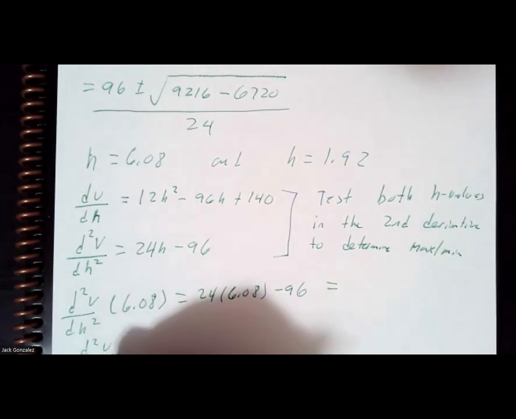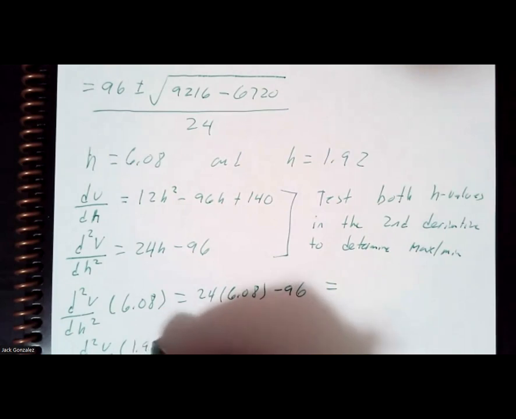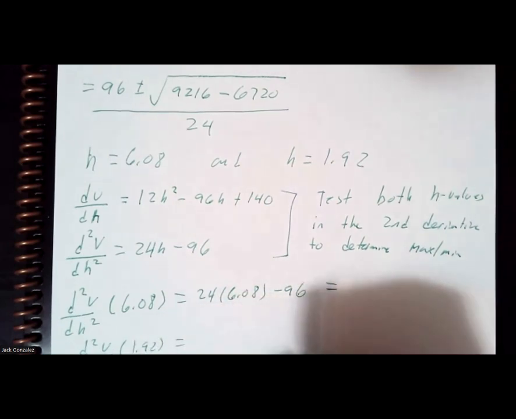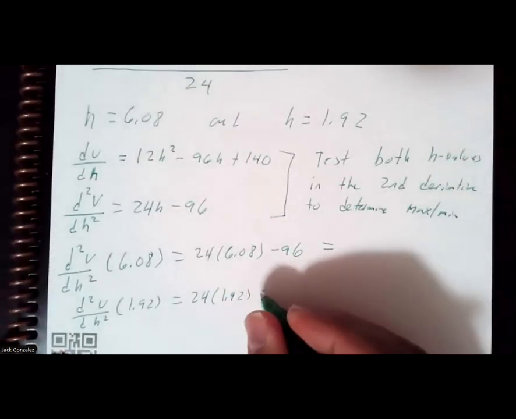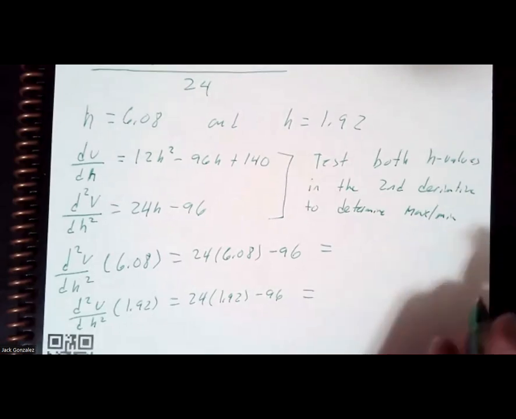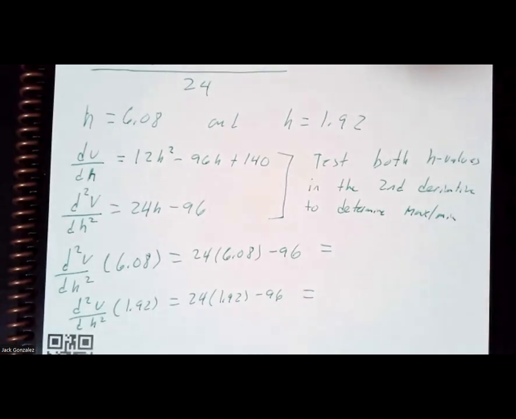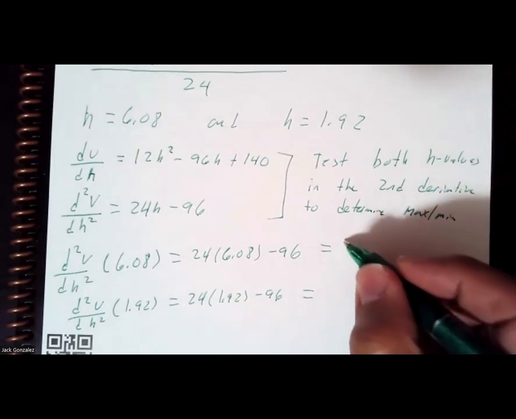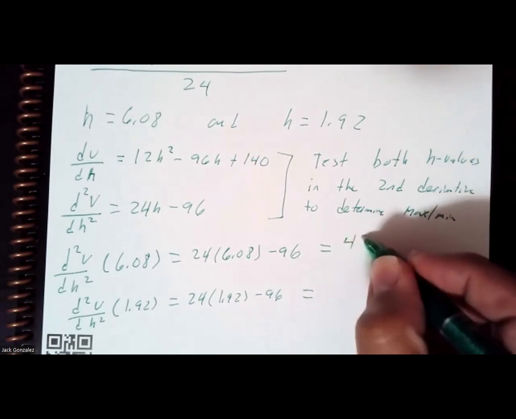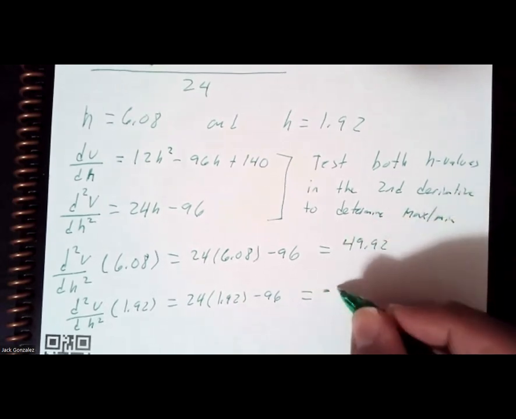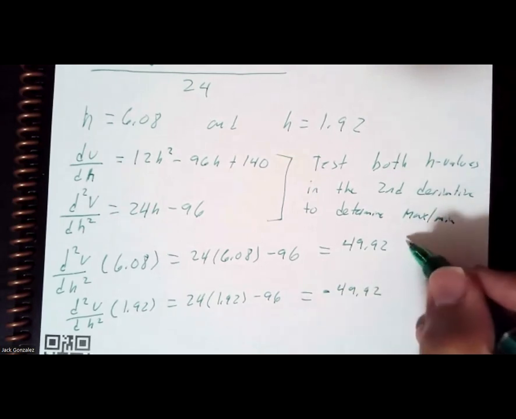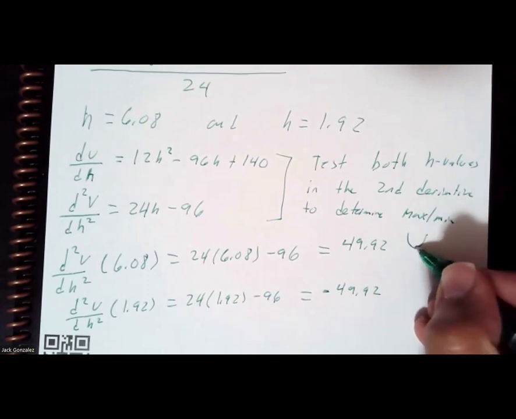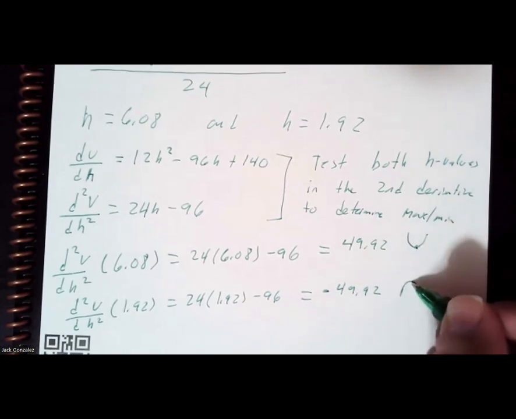If I plug in 1.92, it'd be 24 times 1.92 minus 96. What do we get here? I got 49.92 and negative 49.92. So this means concave up, concave down.